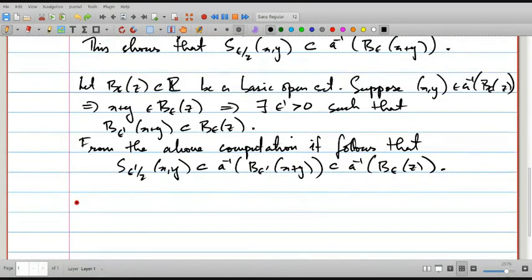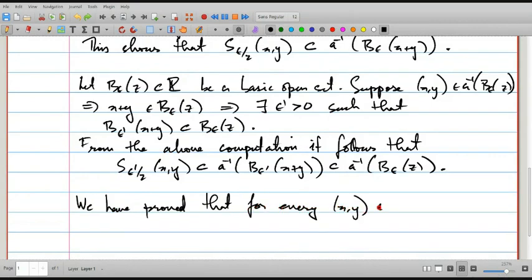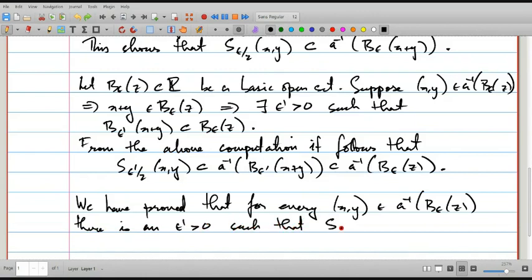So what we have proved is that for every (x, y) in A inverse of B epsilon z, there is an epsilon prime positive such that S epsilon prime prime of (x, y) is completely contained in A inverse of B epsilon z.